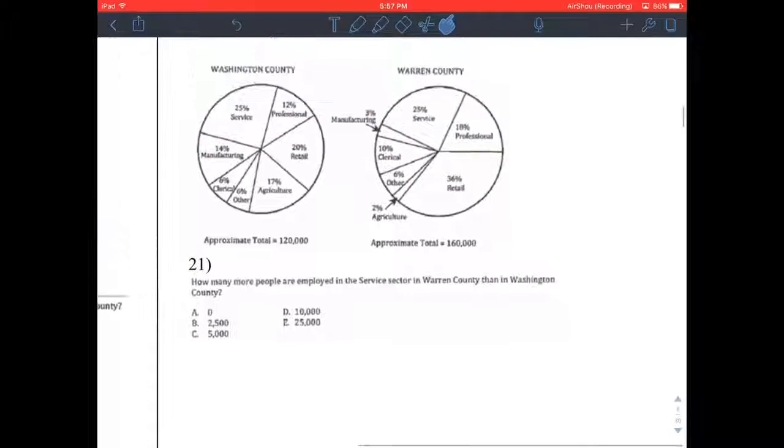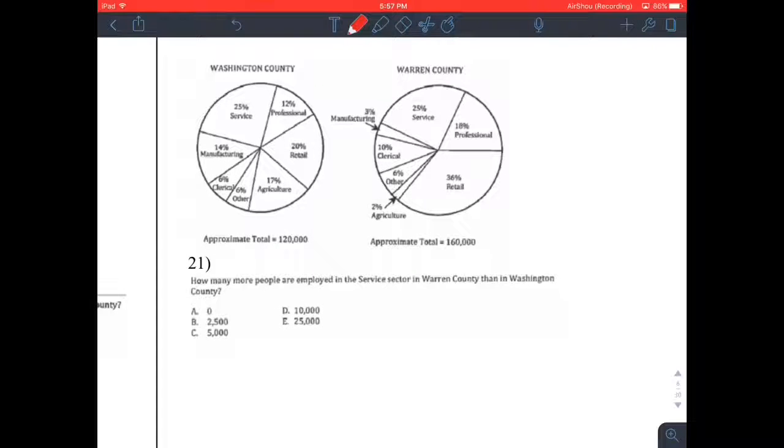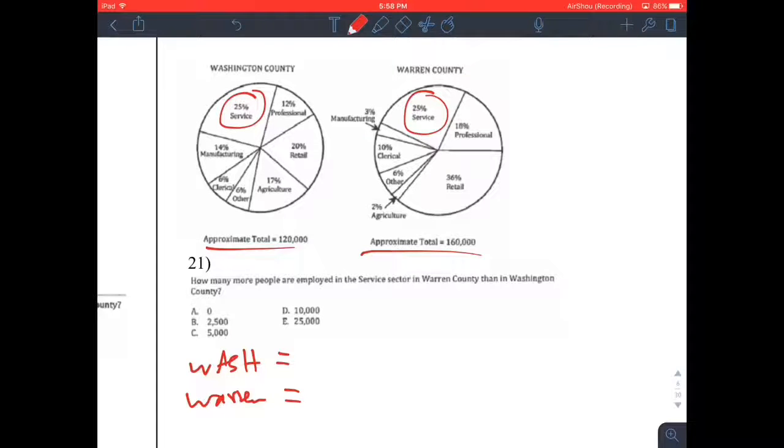20, same picture, different question. How many more people are employed in the service sector? So looking at service in Warren County than Washington. So once again, for this, we got these two different counties. We got to figure out how many people that is.